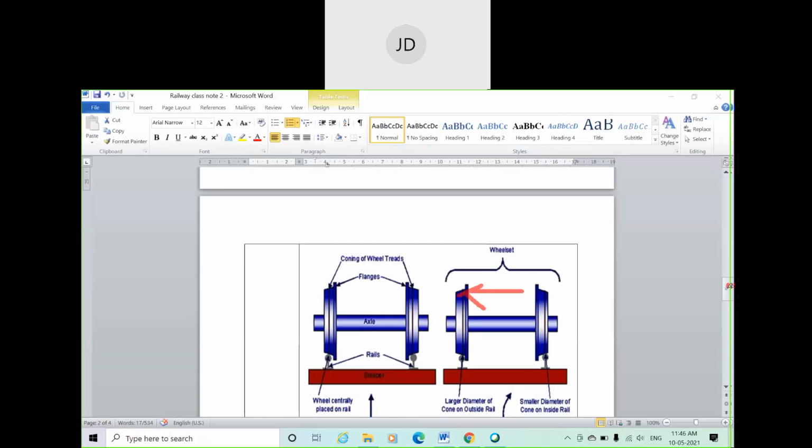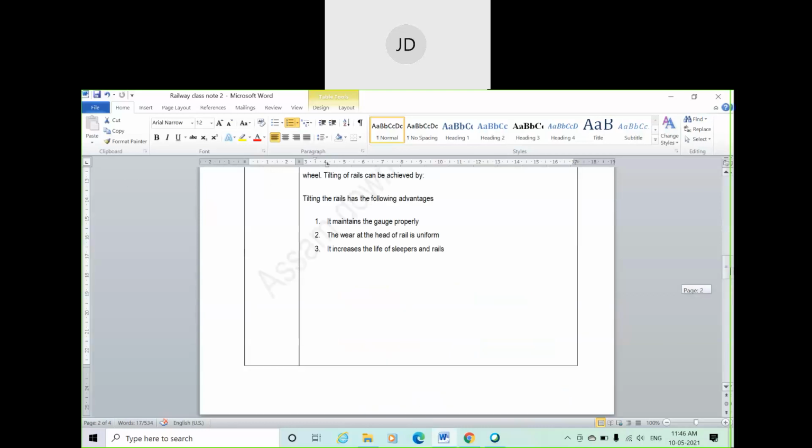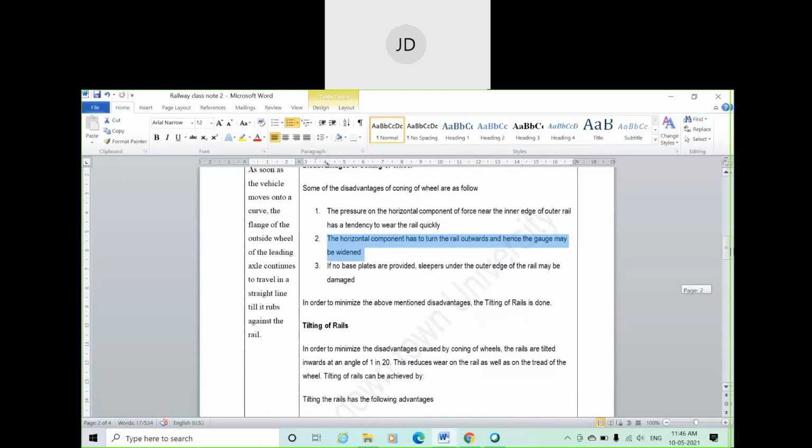Since the train is moving in the right direction, the horizontal thrust always tends to take the train in the outward direction. Although it is resisted by the flank or coning of wheel, it will create a very large impact or stress on the rail part, even on the sleeper. Because of that excessive stress, the rail or sleeper part may fail.